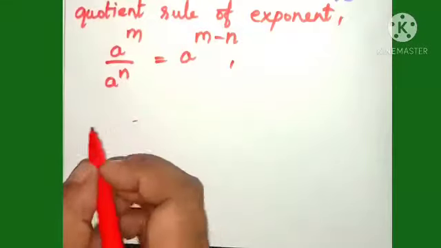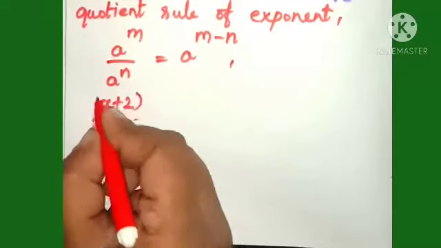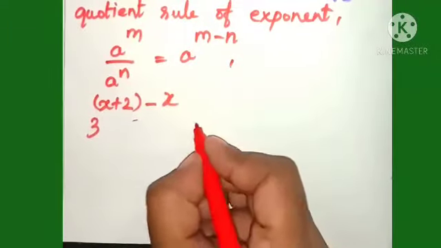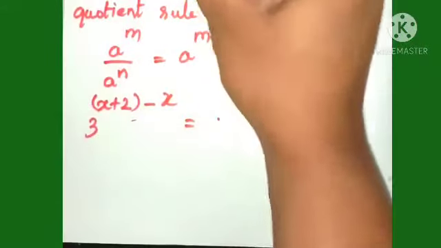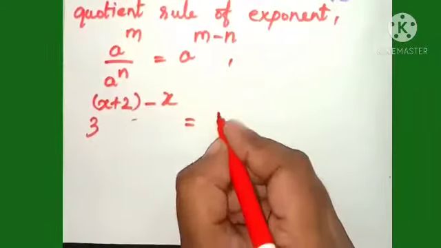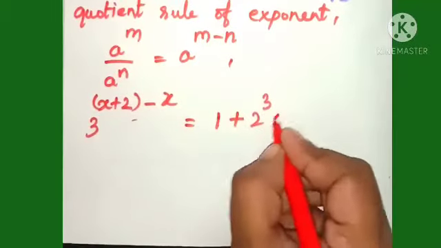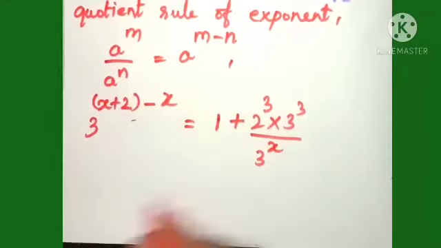We can use the quotient rule of exponents. On the left hand side, we get 3 power x plus 2 minus x, isn't it? Is equal to, now 3 power x cancels out, here we get 1 plus 2 cube into 3 cube by 3 power x.